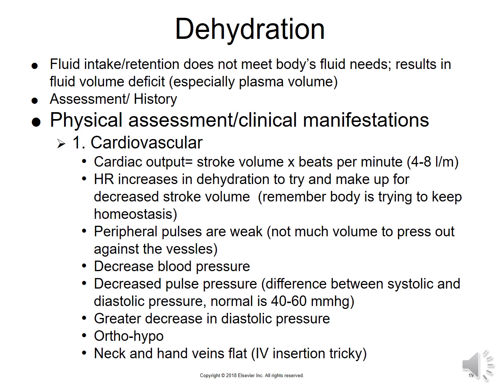But to know what your cardiac output is, you have to know how much blood volume is pushed out of the heart in 1 beat. That's the stroke volume. So each stroke of the heart, what is pushed out, and how many beats are in a minute. So stroke volume times beats per minute equals cardiac output. All right, and as I said, in acute care, we'll talk about that more and more. Normal cardiac output is 4 to 8 liters per minute.